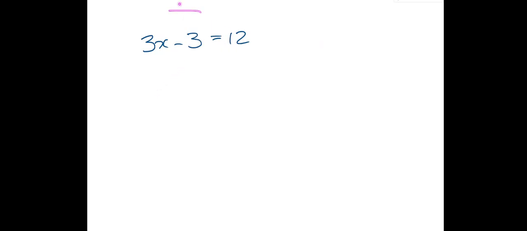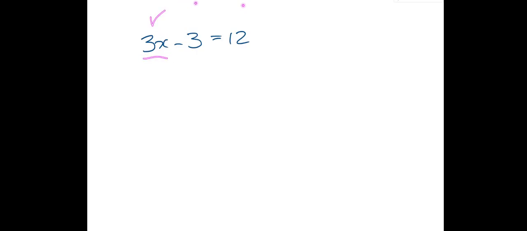So that means everything on this left hand side must equal the same on the right hand side. Okay, on the right hand side, do any of these terms have an x? 12, nope, there's no x there. Minus 3, nope, there's no x there.